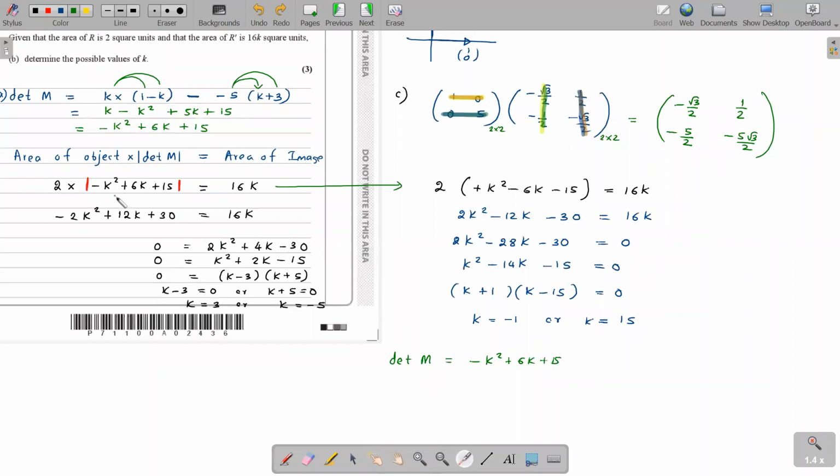So for this det m, minus k square plus 6k plus 15, I got the k values 3 and minus 5, right? So when k is 3, I think you can see I get my det m is positive, right?